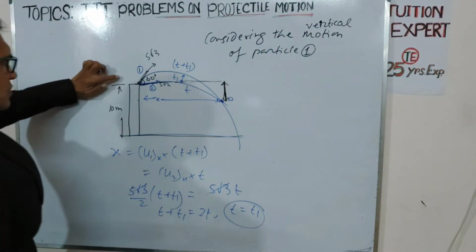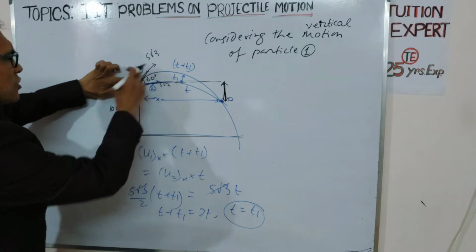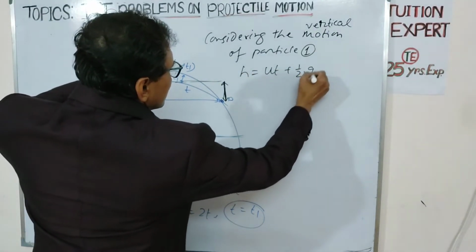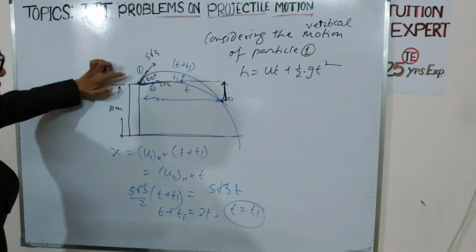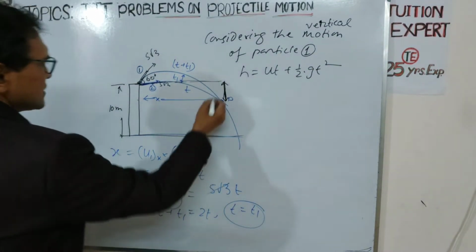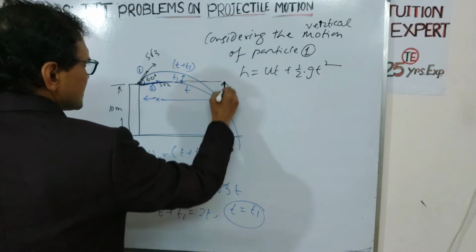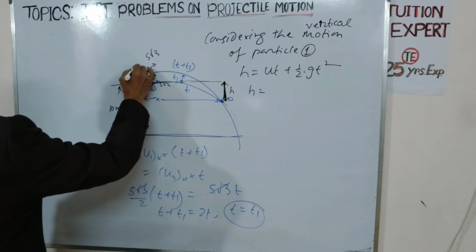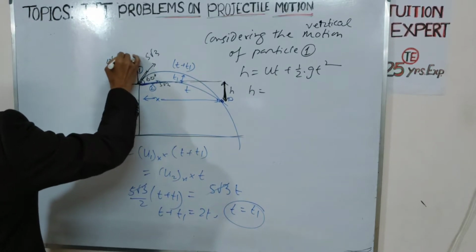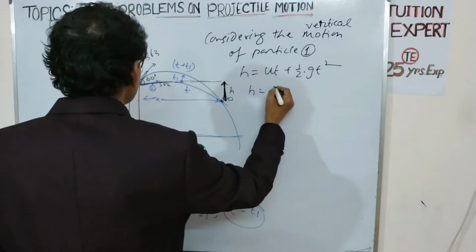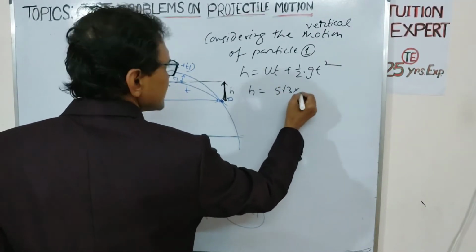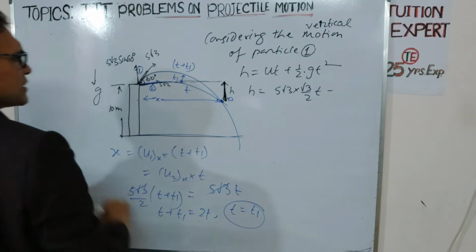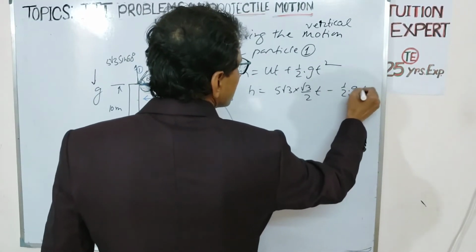So considering the vertical motion of particle 1, what is h? We take the vertical component, 5√3 sin 60 degree, so u should be 5√3 sin 60 degree, that is 5√3 times √3 by 2, times t, and g is negative, so minus half g t square.